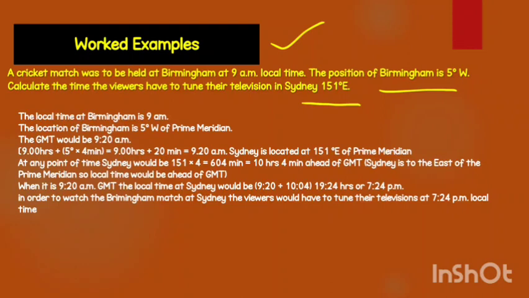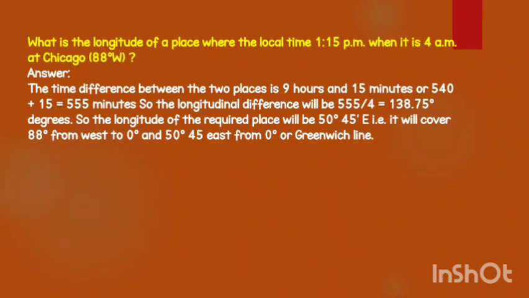So now Sydney will be 151 degree into 4, that is 604 minutes, that is 10 hours 4 minutes, which is ahead of Greenwich because it is located in the Eastern Hemisphere. So the time would be 9:20 plus 10:04, that is 7:24 p.m.